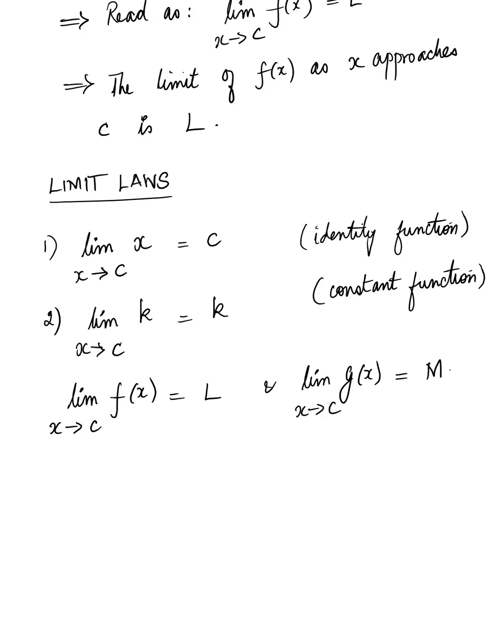So we're looking at the behavior of f of x as x approaches c. We're also comparing it to the behavior of g of x as x approaches c. What we notice is that f of x corresponds to capital L, and g of x corresponds to a capital M. So here are the rules that follow a combination of these functions.